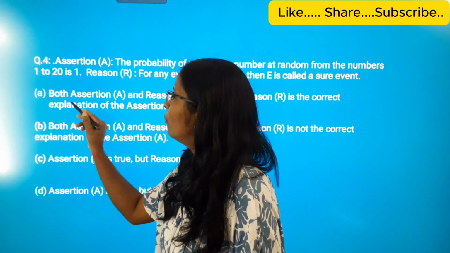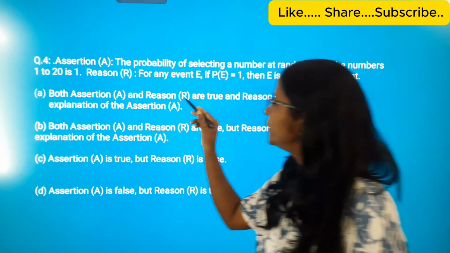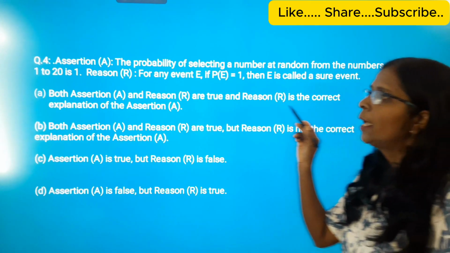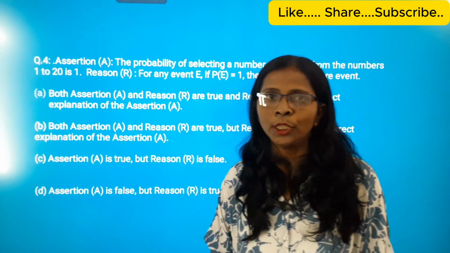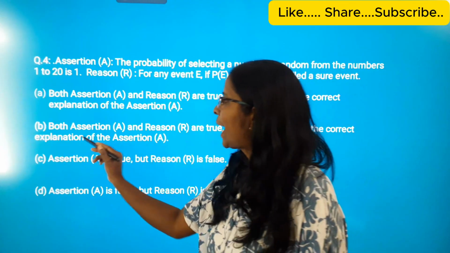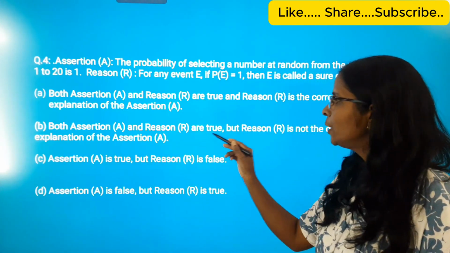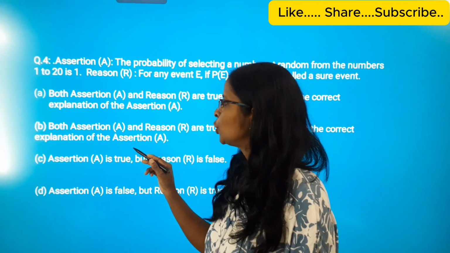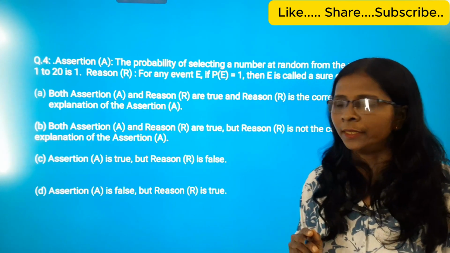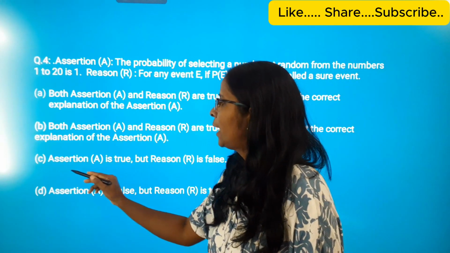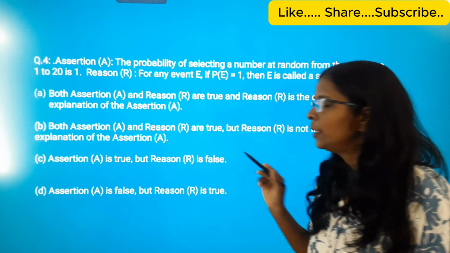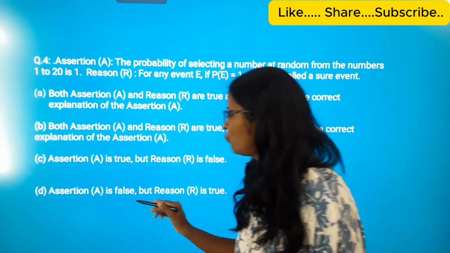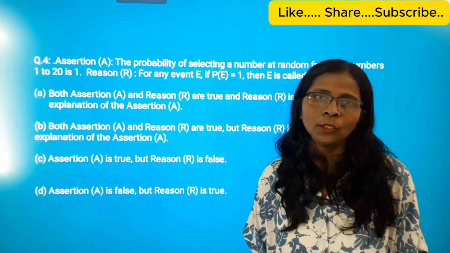Options are: A, both assertion A and reason R are true, and reason R is the correct explanation of the assertion A. B, both assertion A and reason R are true, but the reason R is not the correct explanation of the assertion A. Option C, assertion A is true, but the reason R is false. And D, assertion A is false, but the reason R is true.